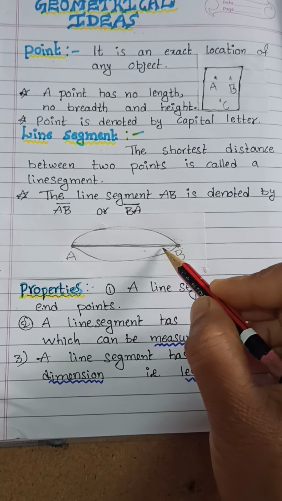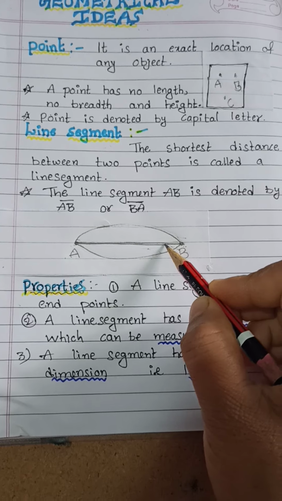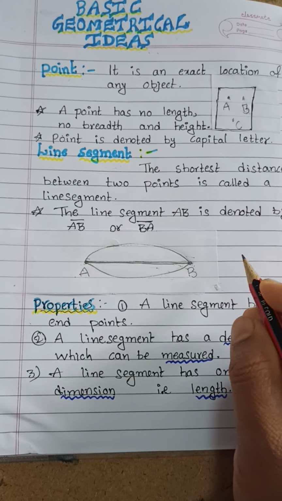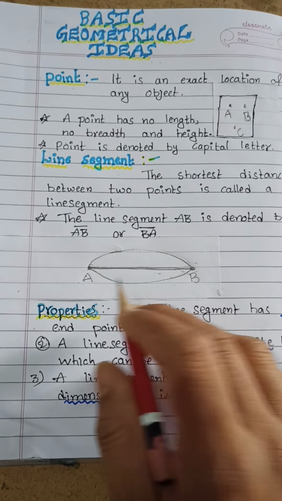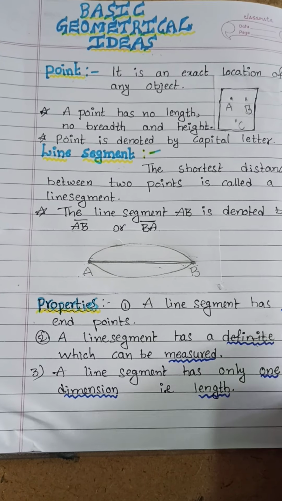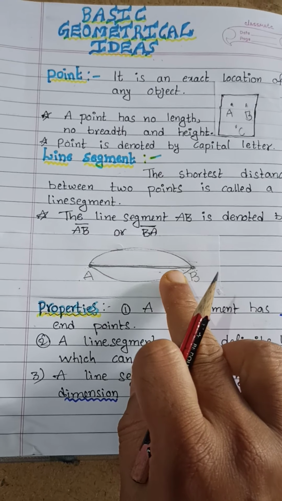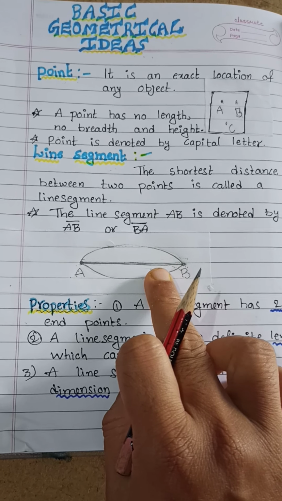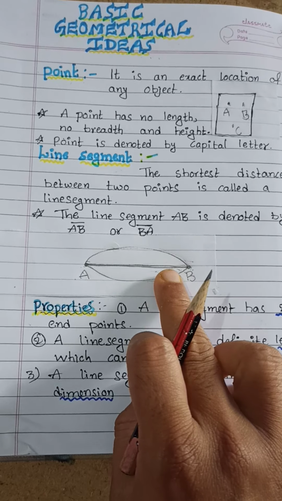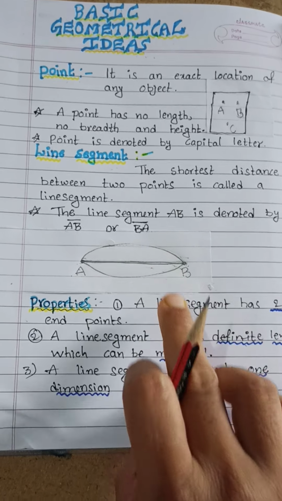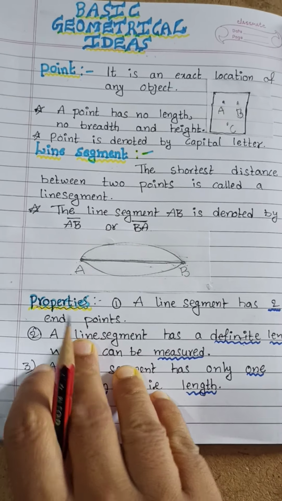A line segment has a definite length which can be measured. Third one, a line segment has only one dimension, that is the length only. It has no breadth, no height.